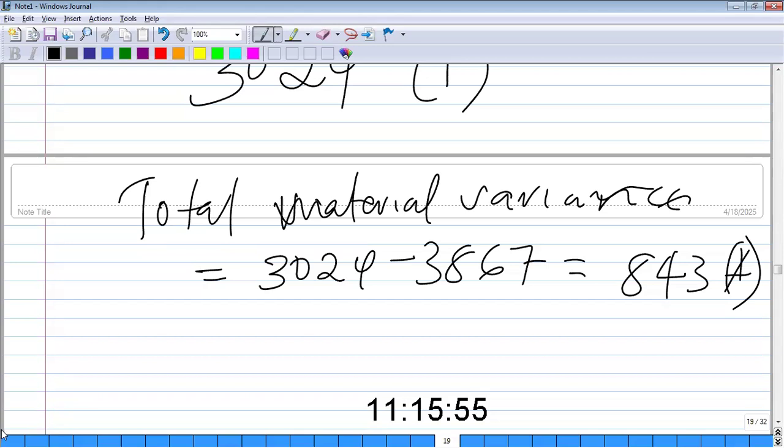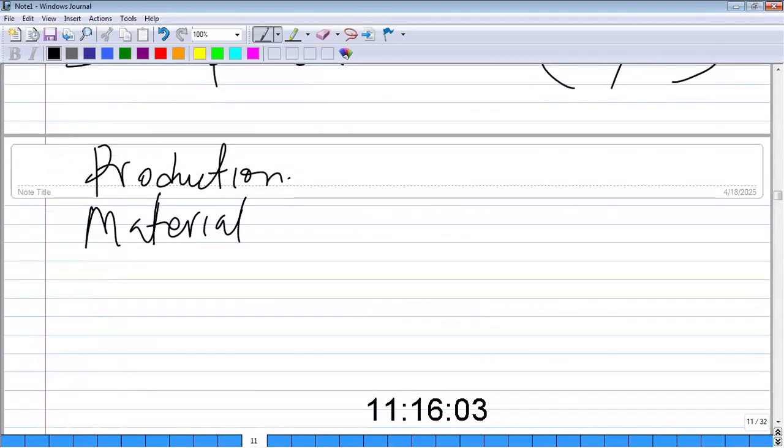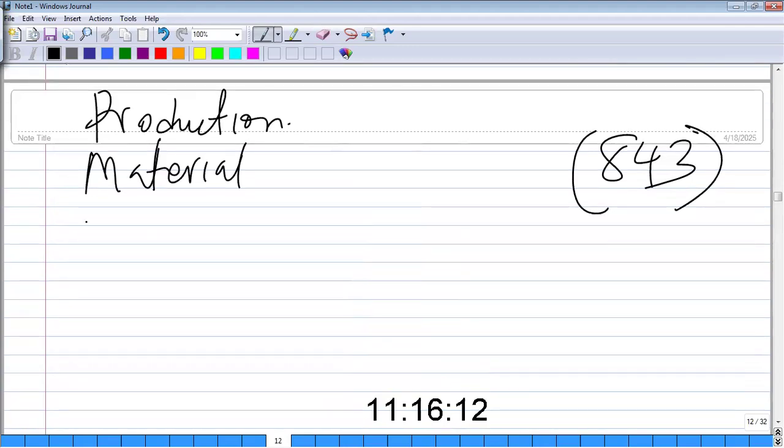Okay, so now we have 843 adverse. Let me look for the page number. So for material, we said 843.